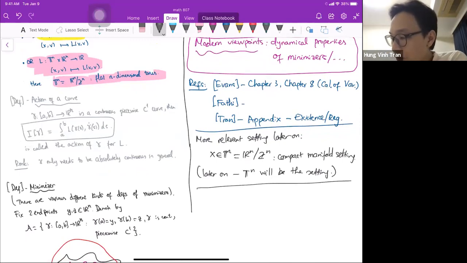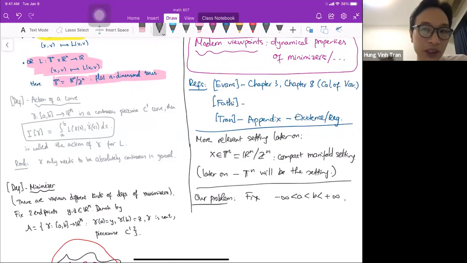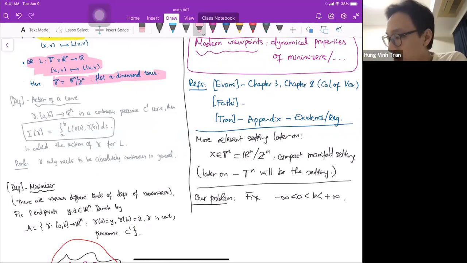So our problem here is that we fix a less than b, which are fixed numbers. Basically the interval of integration is fixed first.